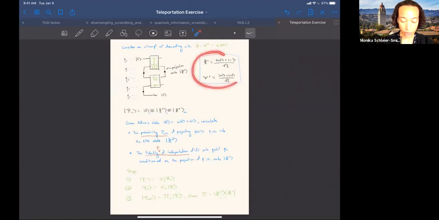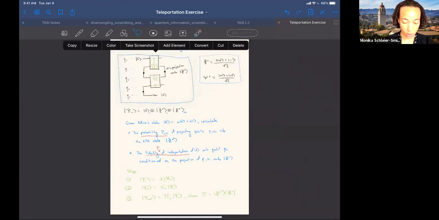So it's going to be useful to have these two states in mind. I'll call one of them phi plus and the other one psi plus, which is standard notation. Okay, so in this example, to work our way through this, let me just copy this picture onto a page that has some space to write.